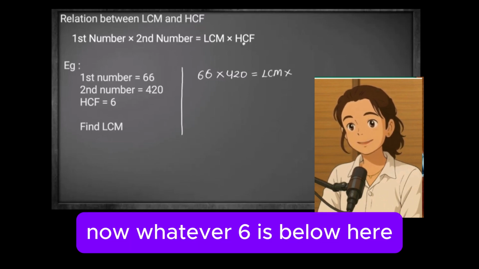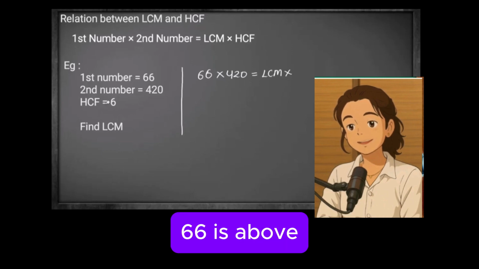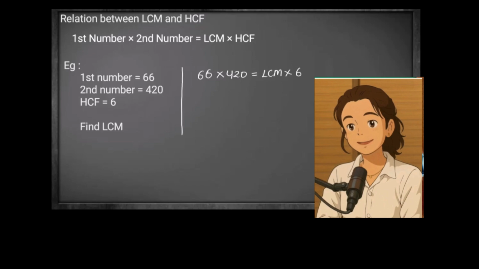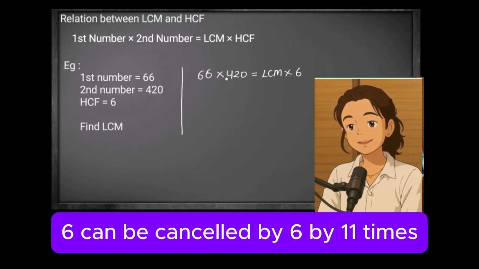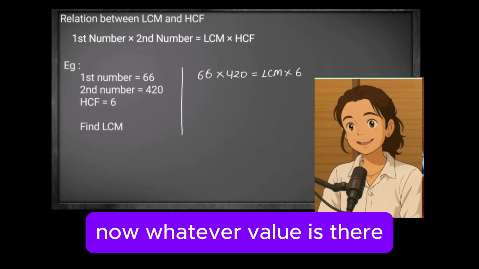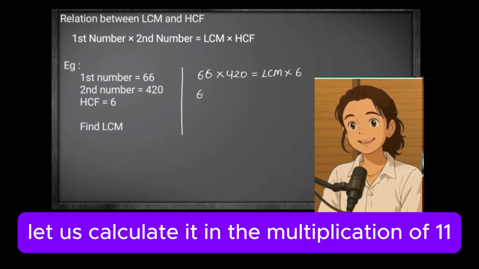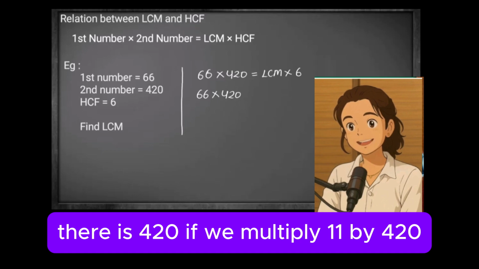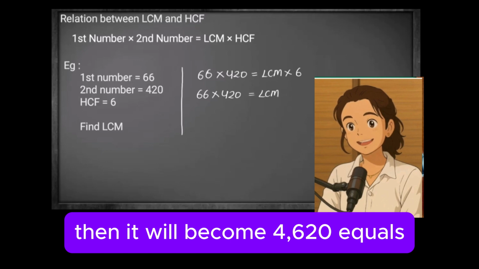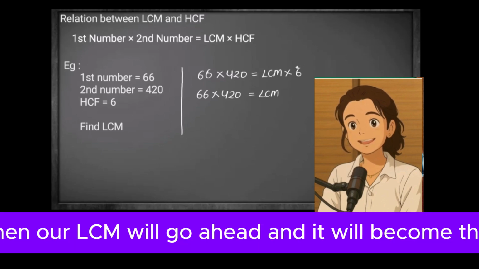Now 6 is below here, and 66 is above. 66 can be cancelled by 6, 66 divided by 6 is 11. Now whatever value is there, let us calculate it. In the multiplication of 11, there is 420. If we multiply 11 by 420, then it will become 4,620. Then our LCM will be 4,620.